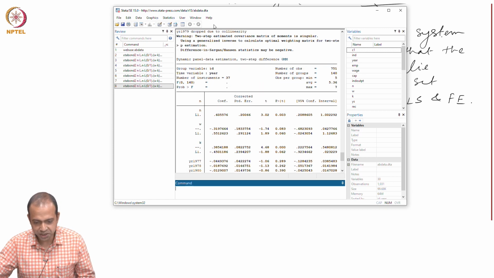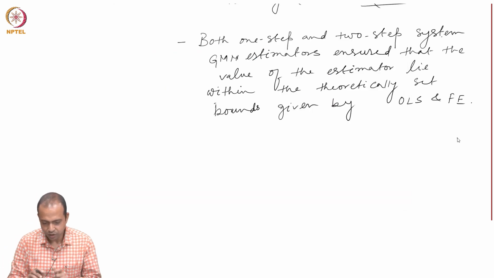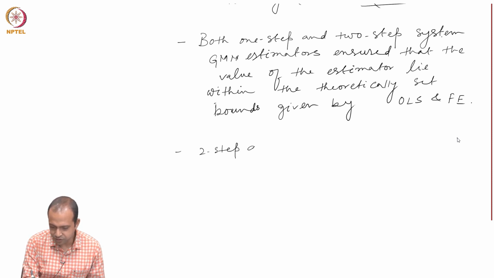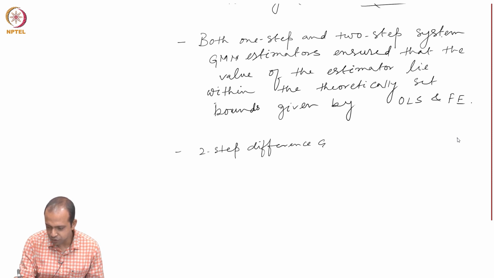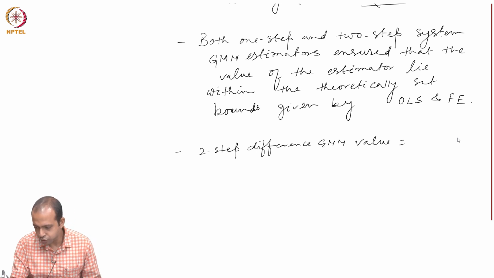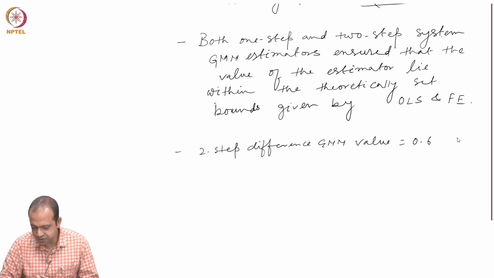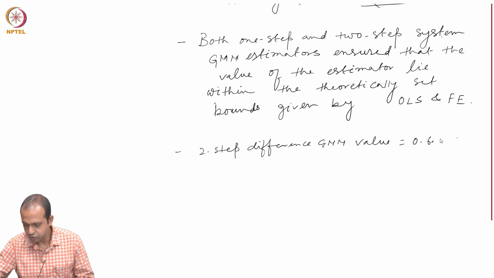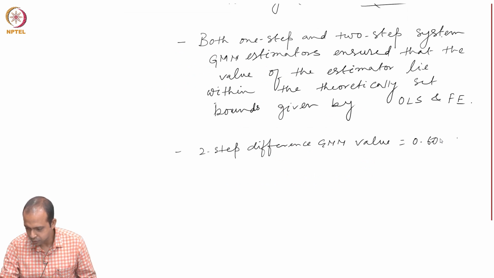I will read out once again. This is two step difference GMM, value equals 0.60.